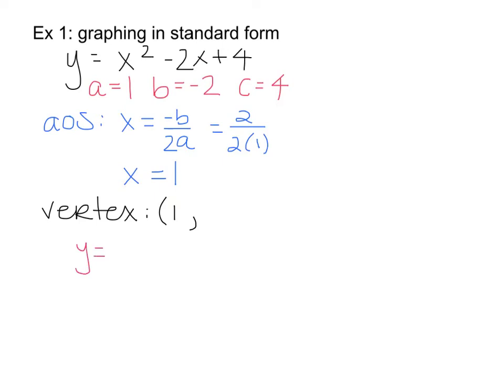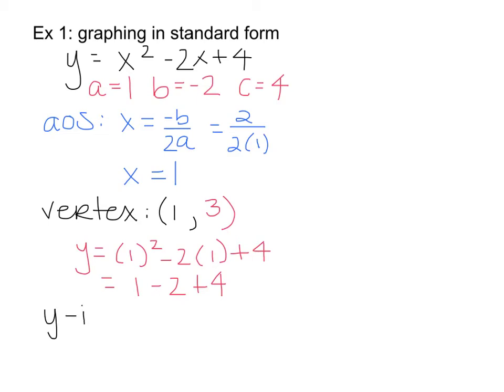So y equals 1 squared minus 2 times 1 plus 4. 1 squared is 1, negative 2 times 1 is negative 2, and then bring down your plus 4. 1 minus 2 gives me negative 1, plus 4 gives me a y value of 3. So my vertex is at the point 1, 3. And then we need to find your y-intercept. The y-intercept is 0, c, and c in this problem is 4, so 0, 4.